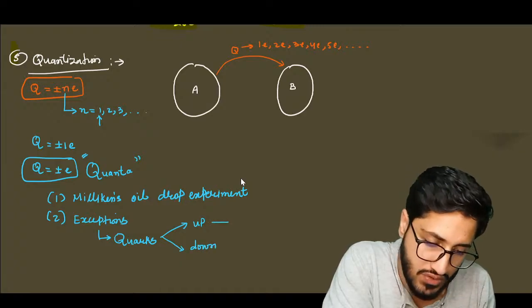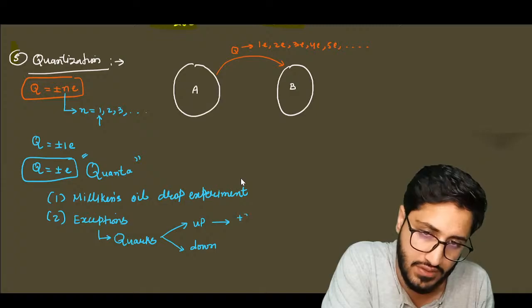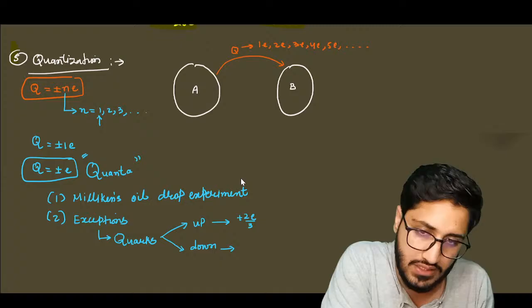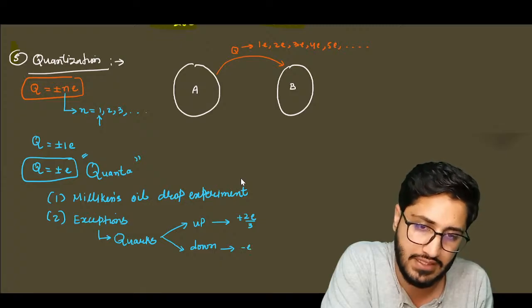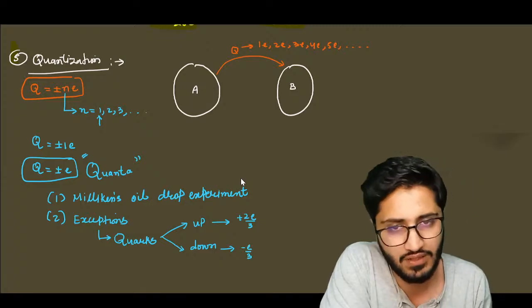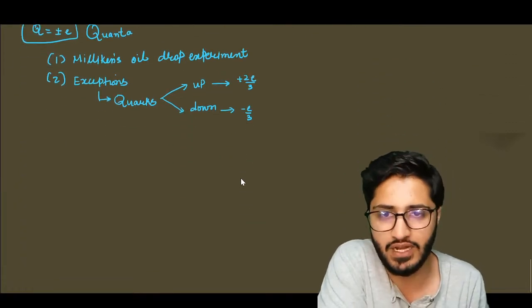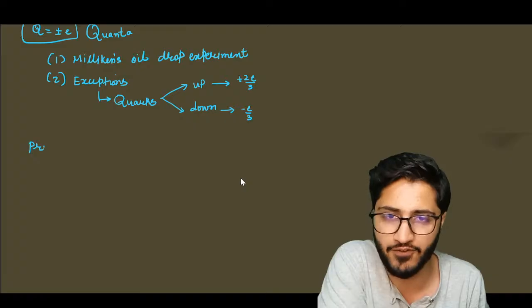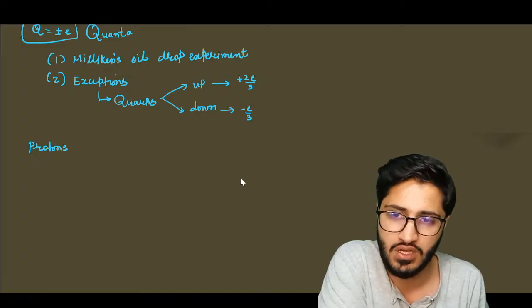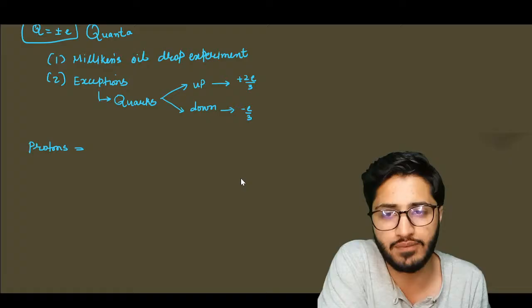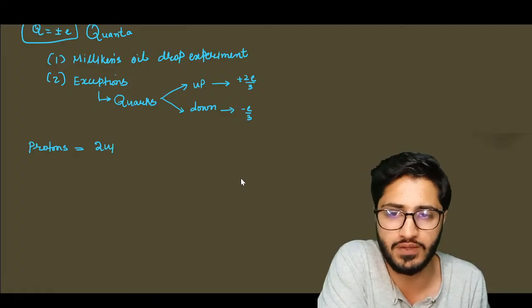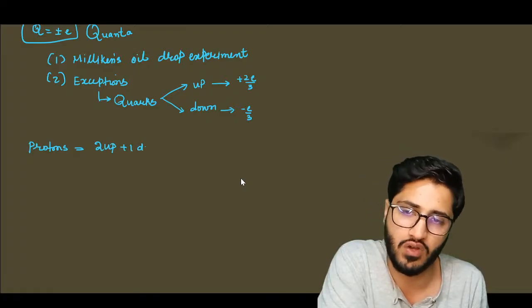The charge on the up quark is plus 2e by 3. The charge on the down quark is minus e by 3. Gell-Mann told us that the proton is made from these quarks: 2 up quarks plus 1 down quark.